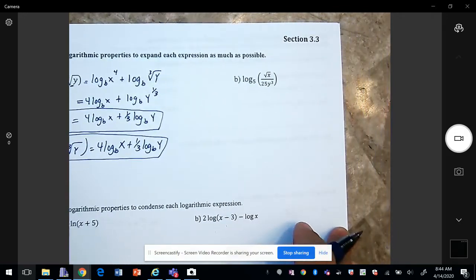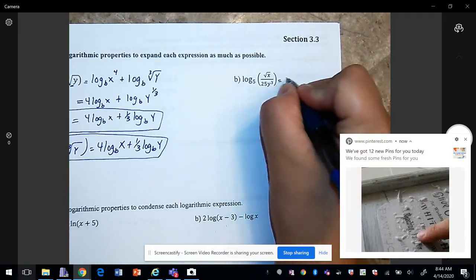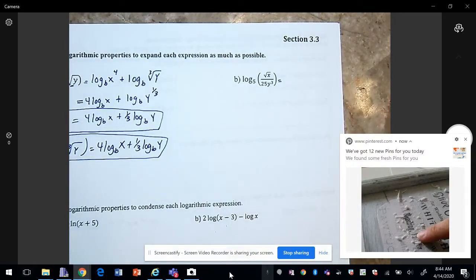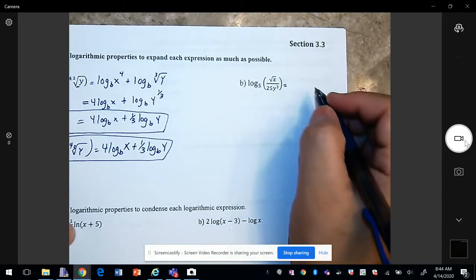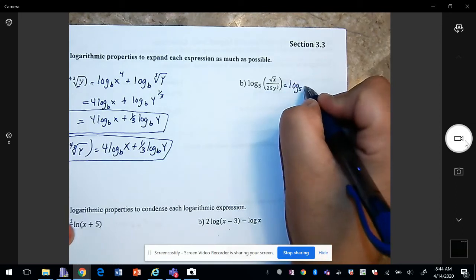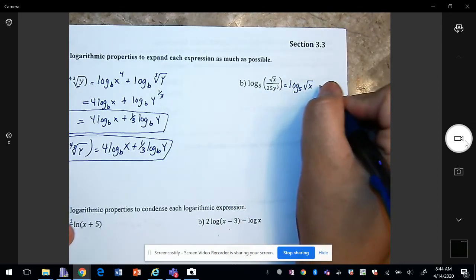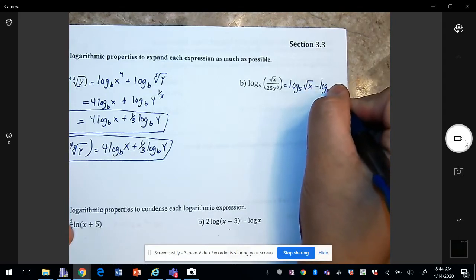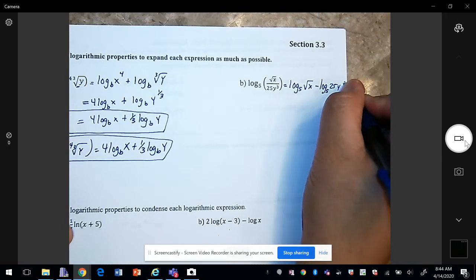Okay, let's try letter b. So for letter b, I can rewrite this as log, we have division, so I can separate this as log 5 square root of x minus log base 5 of 25 times y cubed.